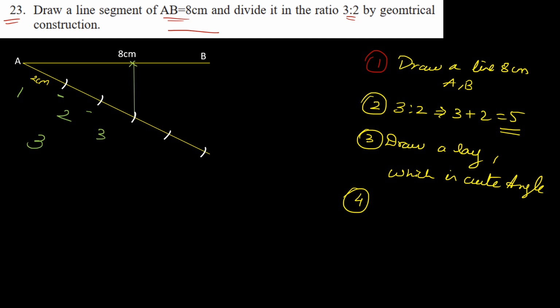So this point indicates P. Then one more line after 2 units, that is 3:2, after 2 units you need to draw a line to the AB line. So this point represents B. Is it clear? This is a geometrical construction of a line segment AB which is divided in the ratio 3 is to 2. You can see A to P is more, and this P to B is less.